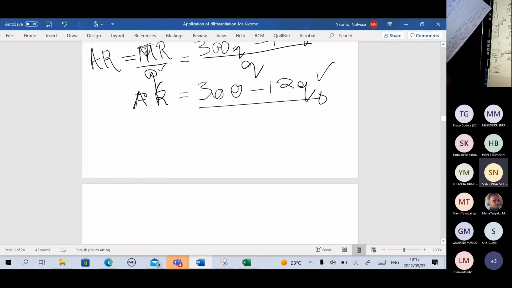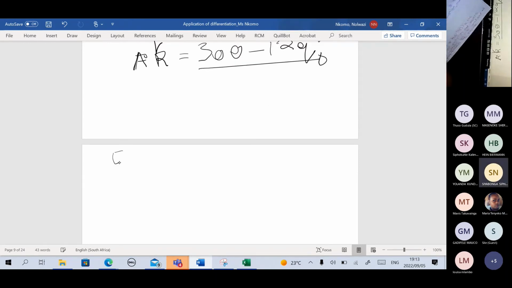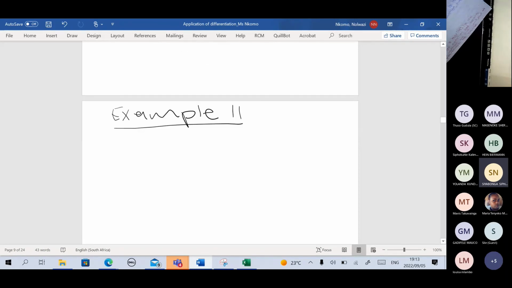May we try one from the study guide on page 81, number 5? I don't have the study guide open. What does it say? It says consider the following total revenue and total cost functions of a firm.